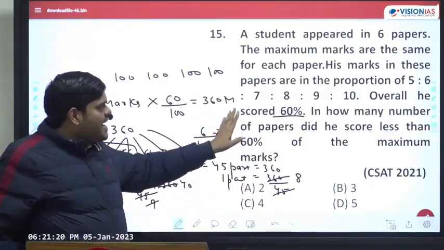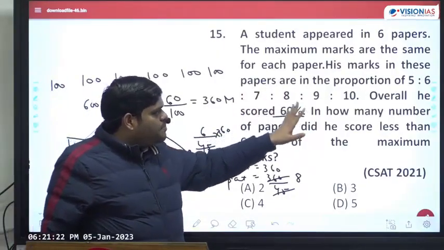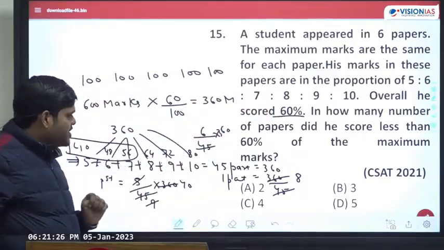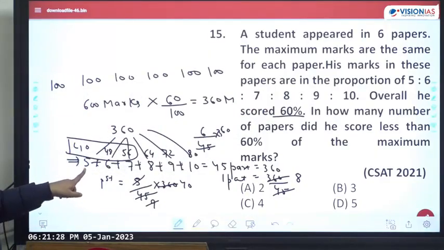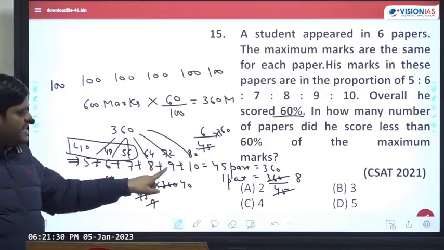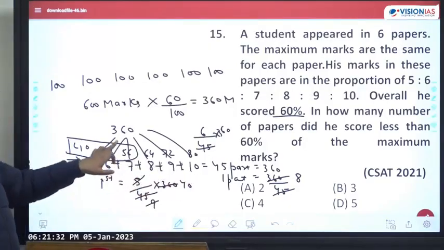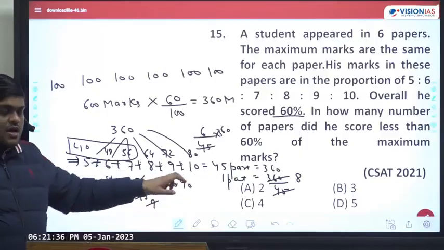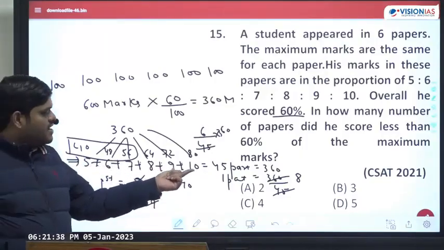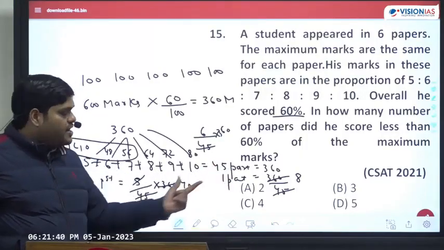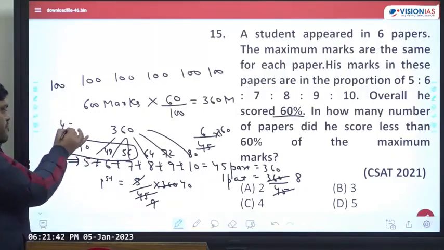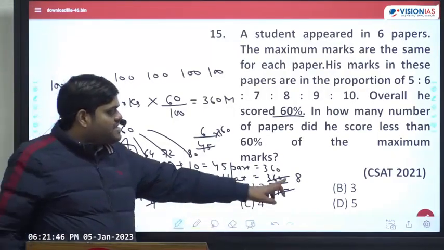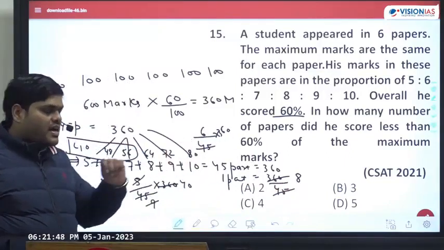It is given that the marks are in this ratio 5, 6, 7, 8, 9, 10, so this 360 is divided into these ratios. When we add all this, it becomes 45 parts. That means 45 parts is equal to 360, so 1 part value will come as 8.